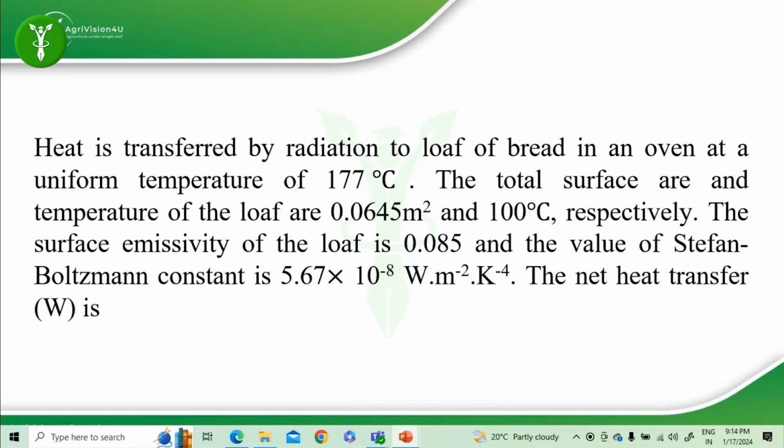It is a very simple problem statement, and we can get the answer very easily. Let me know, all of you, did you get the answer? Yes, ma'am. 6.6. Okay, 6.7. Others? 6.7. 67.29.